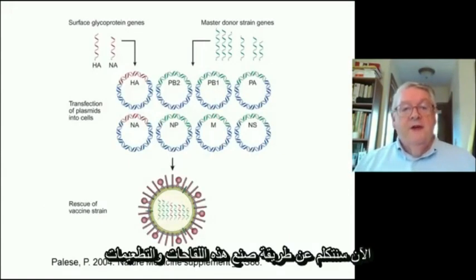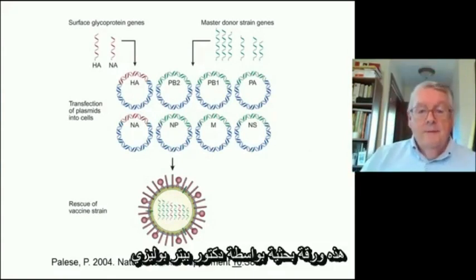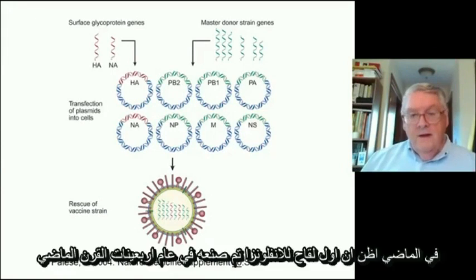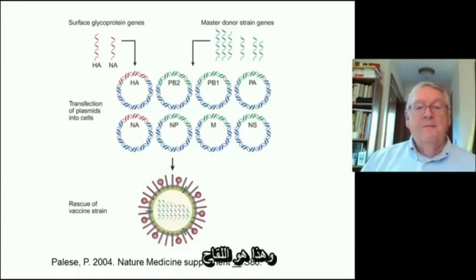Now, the way the vaccines are made, this is fairly new. This is a 2004 paper from Dr. Peter Palese. And what they did, in the past, I think the first influenza vaccines were developed in the 1940s. And they just grew the virus in eggs and inactivated it and called it a vaccine.